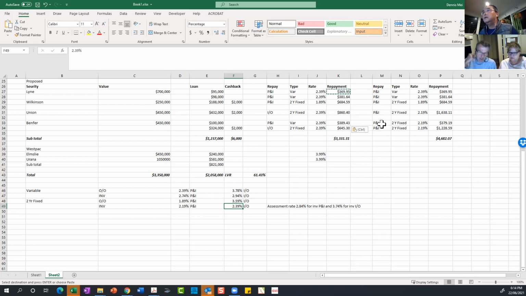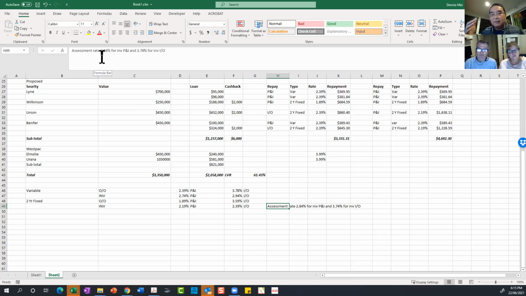Now we go to principal and interest. This is the kind of conversation we need to discuss together with the serviceability borrowing capacity as well. Can you see these comments here? Assessment rate. The assessment rate is the interest rate the bank uses to calculate the nominal repayment when they calculate how much you can borrow.